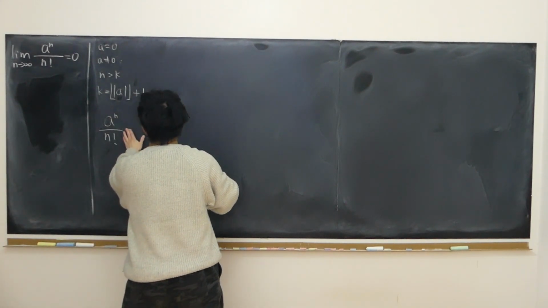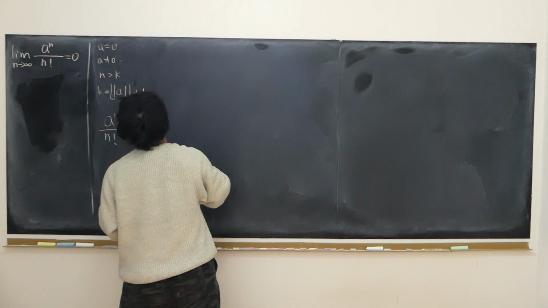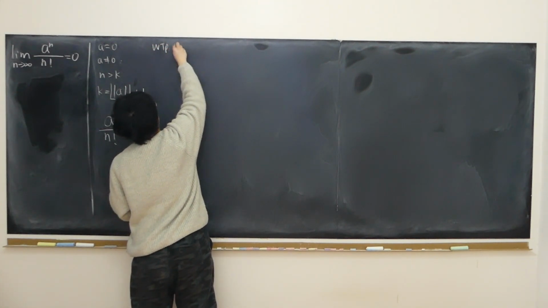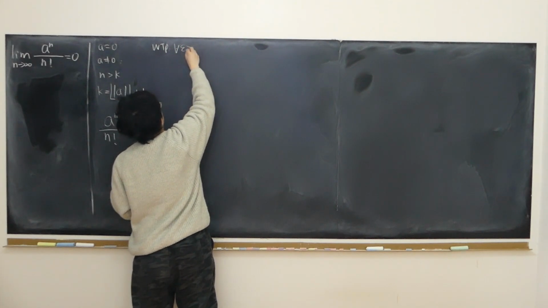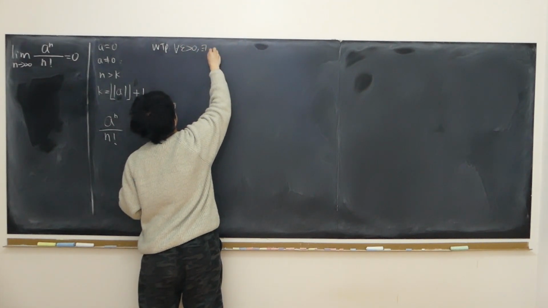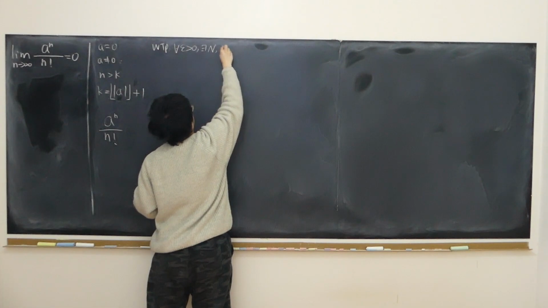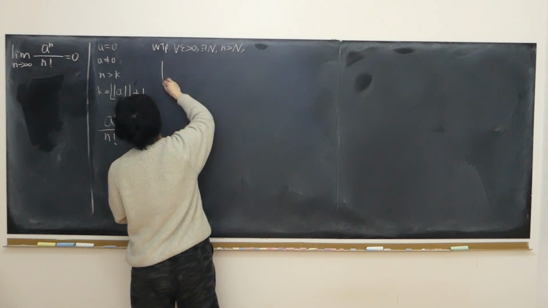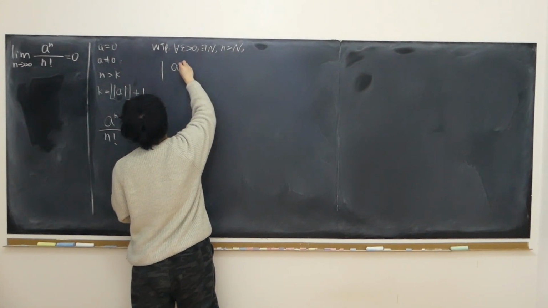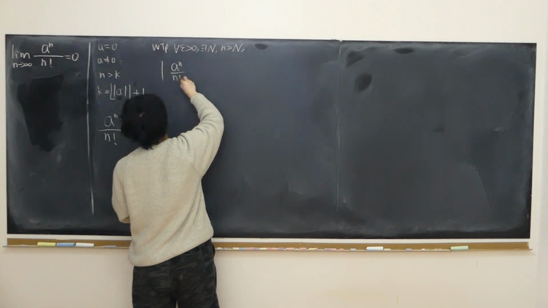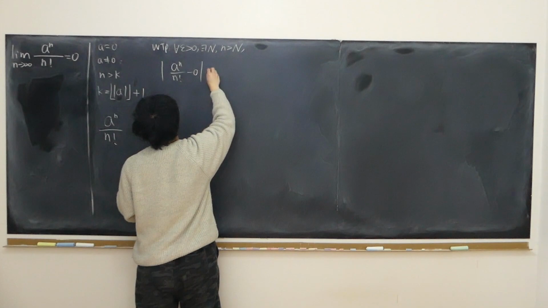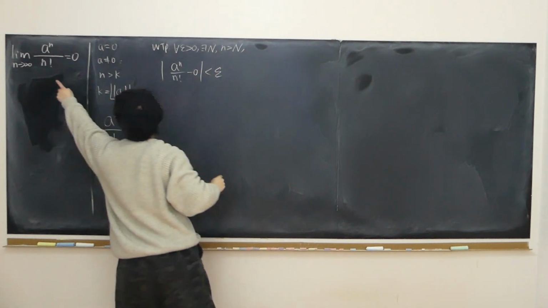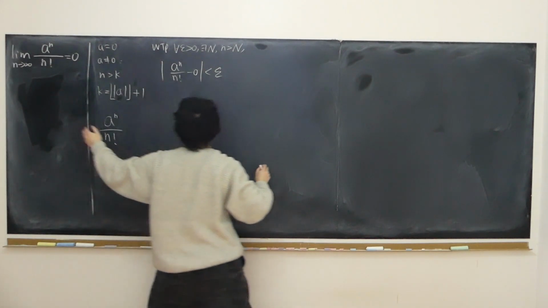First of all, I want to prove that given any epsilon larger than 0, there exists a capital N such that as long as little n is larger than capital N, then the absolute value of a to the power of n over n factorial minus 0 is less than epsilon. This is what I want to prove, to prove that the limit is equal to 0.